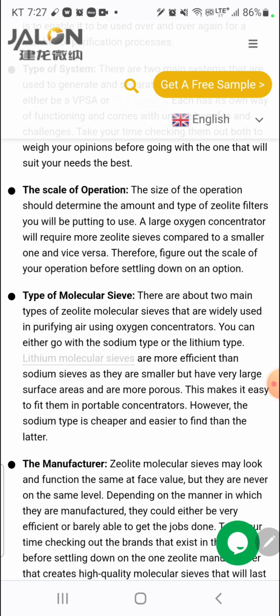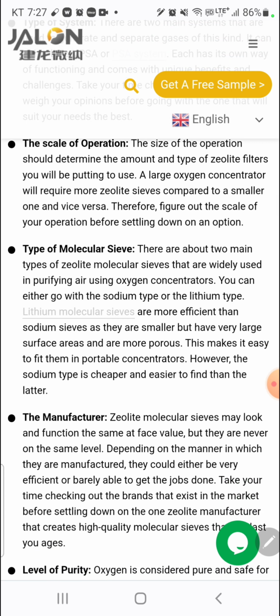Type of molecular sieve. There are about two main types of zeolite molecular sieves that are widely used in purifying air using oxygen concentrators. You can either go with a sodium type or a lithium type.